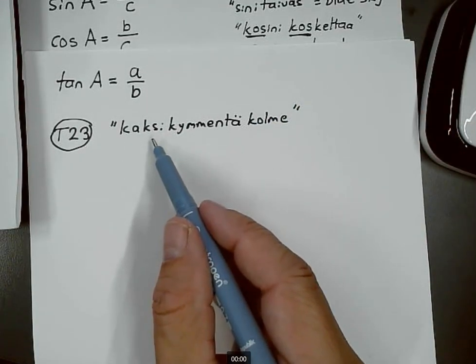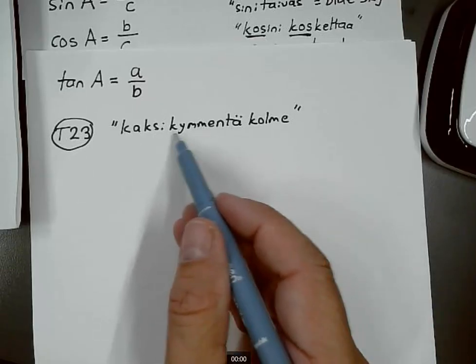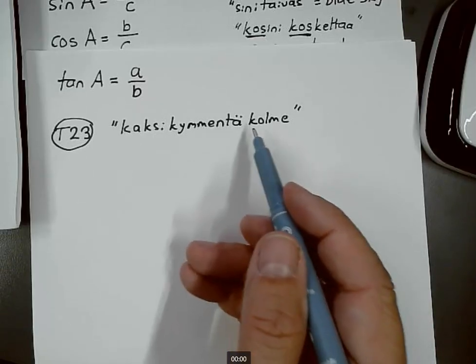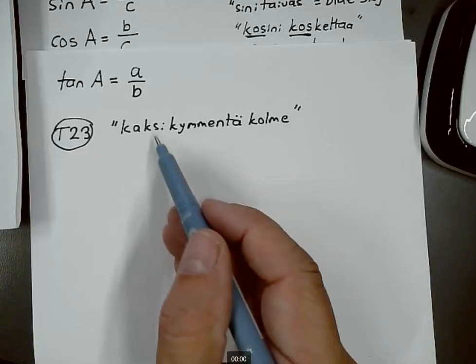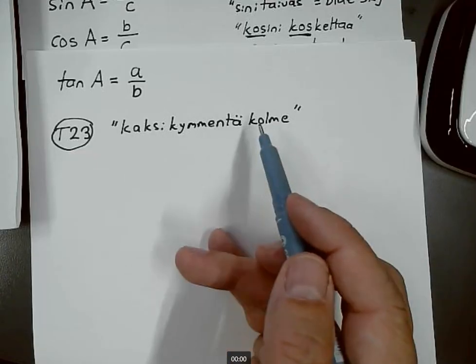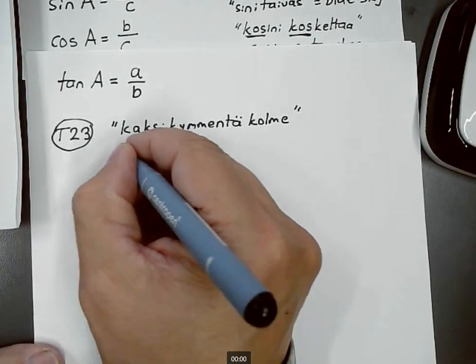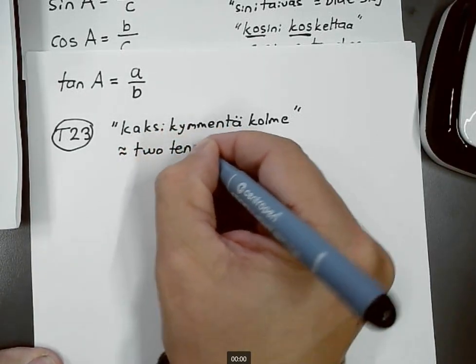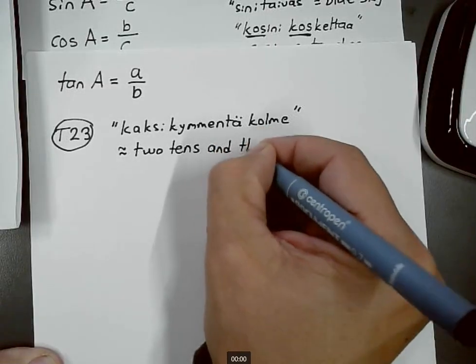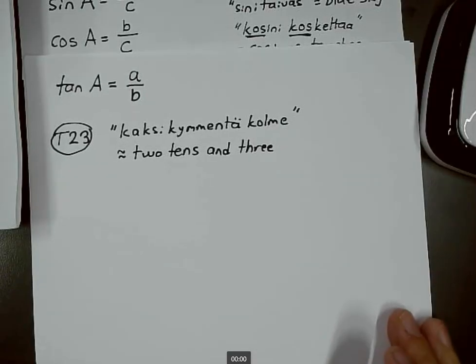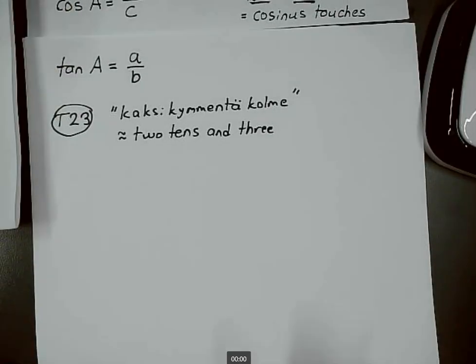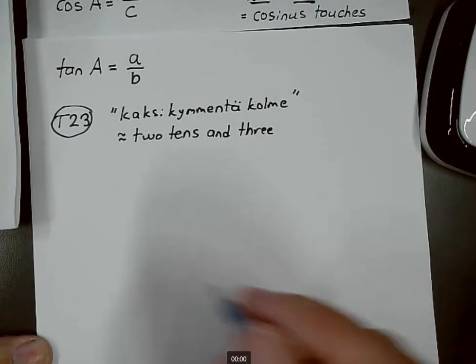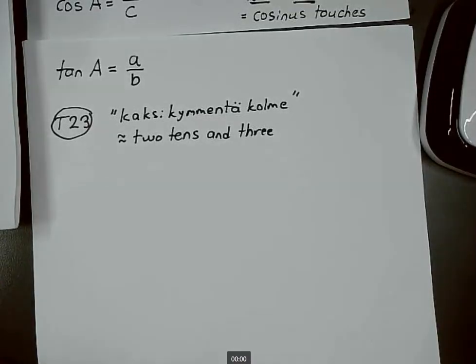Kaksi means 2, kymmenen means 10, and kolme means 3. So 2 tens and 3. And what was it said here?